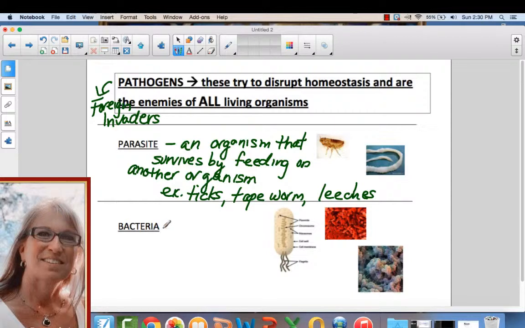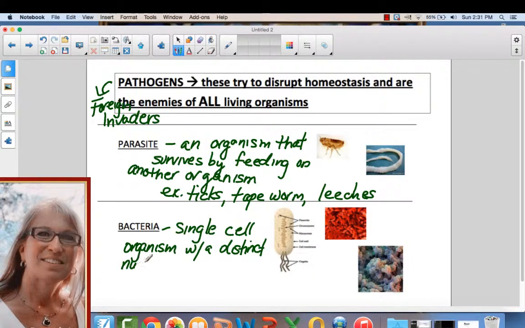Then we have bacteria, which is a single cell organism with a distinct nucleus. Some examples of some common bacteria. Some of you may have had strep throat. This is caused by bacteria.